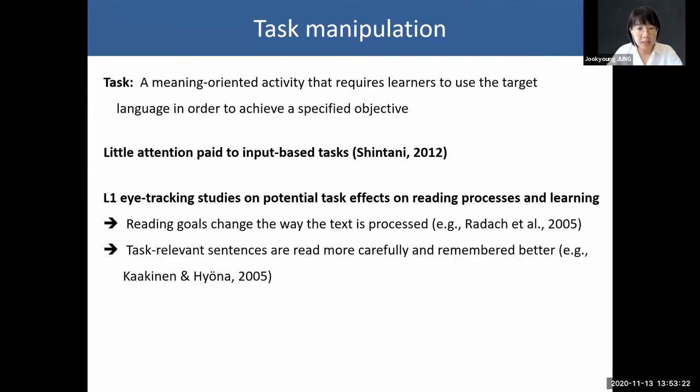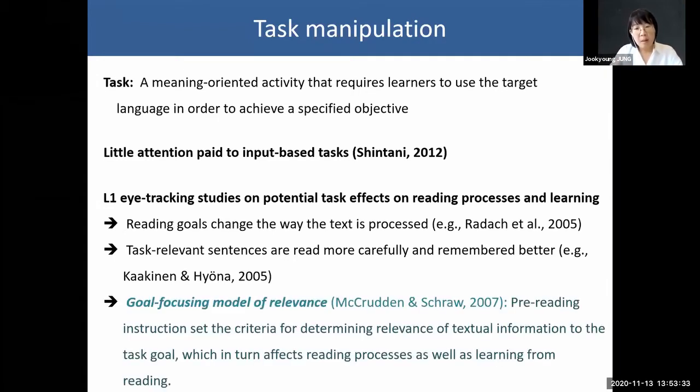And according to Kaakinen and Hyönä, task-relevant features, sentences, are read more carefully and remembered better. Based on these findings, McCrudden and Schraw proposed the goal-focusing model of relevance, saying that pre-reading instruction sets the criteria for determining relevance of textual information, the task goal, which in turn affects reading processes as well as learning from reading.